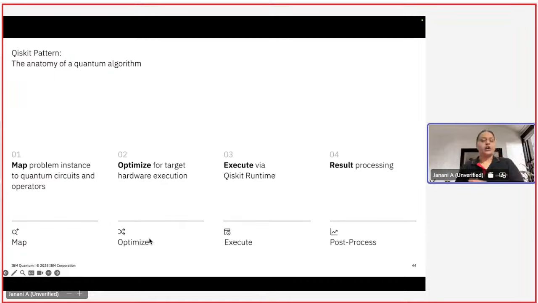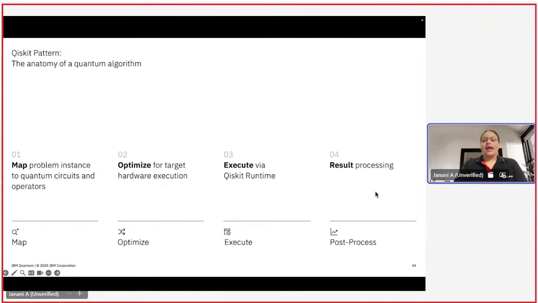Then you optimize for target hardware execution, and this is done using a transpilation step. Okay, and there are other things also, but the main optimization is done by compiling your circuit to run on hardware. Then the third step is to actually execute it on hardware, and this is done using Qiskit runtime.